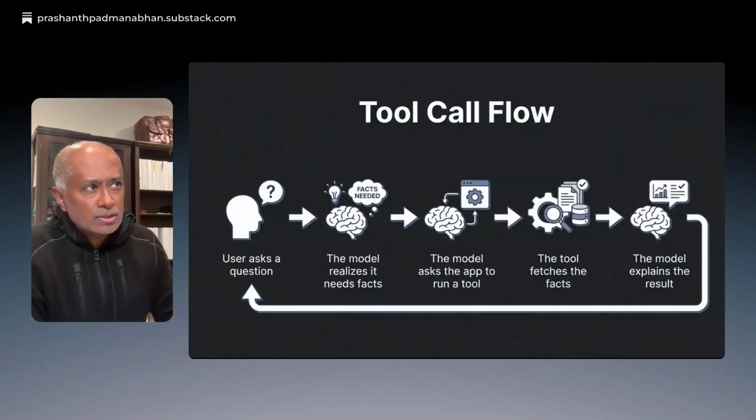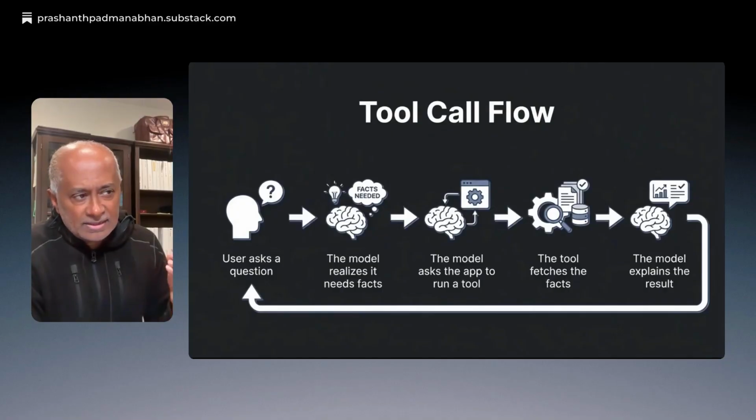So this is how a tool call flow will work. In this case, let's assume a customer service agent. A customer will ask the agent a question. The agent, which is powered by the large language model, will realize that it needs facts.